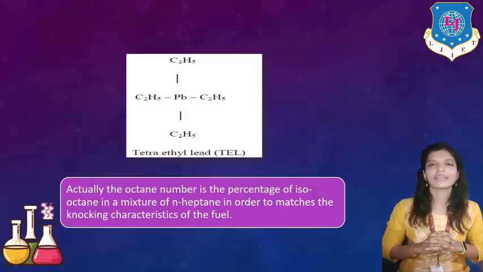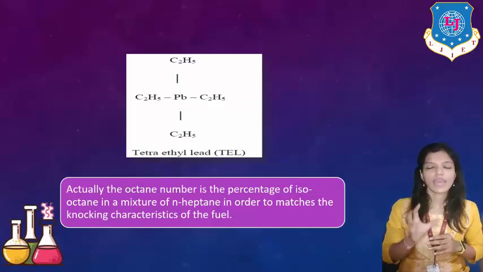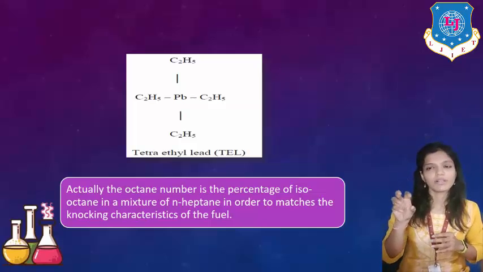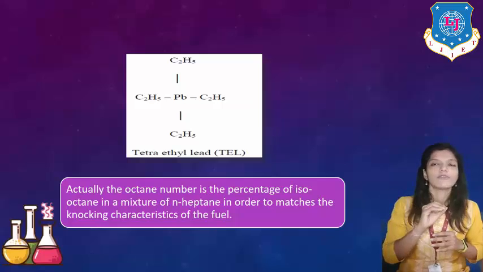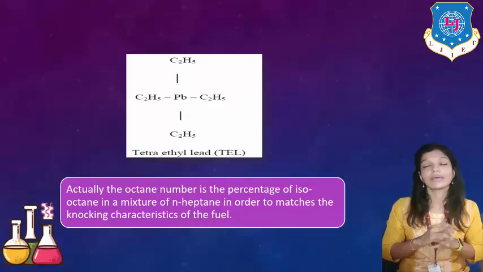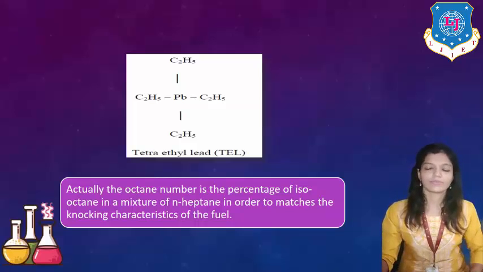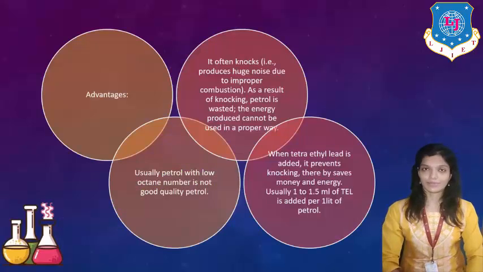TEL is added to reduce the knocking properties. It is known as tetraethyl lead: we have lead in the middle and four ethyl groups, C2H5, around it. This is the best anti-knocking agent, and it is generally added.